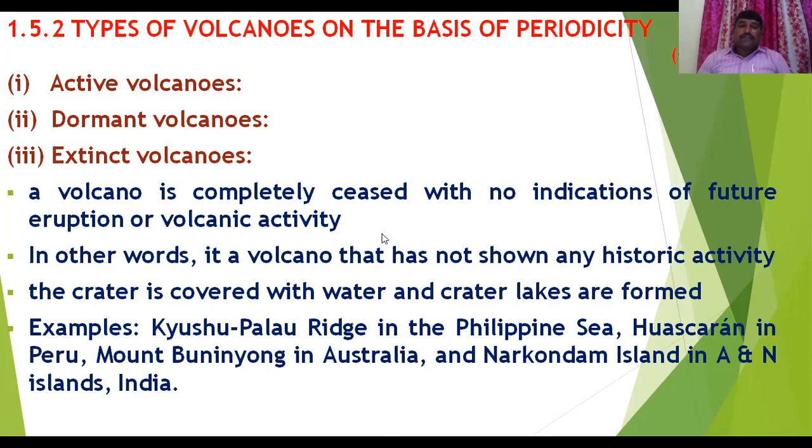Vesuvius was considered an extinct volcano by the inhabitants of Pompeii and Herculaneum because it had been inactive for 700 years up to AD 79. And then there was a disastrous volcanic eruption, destroying Pompeii.